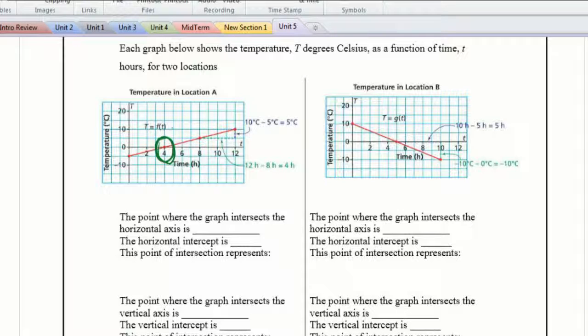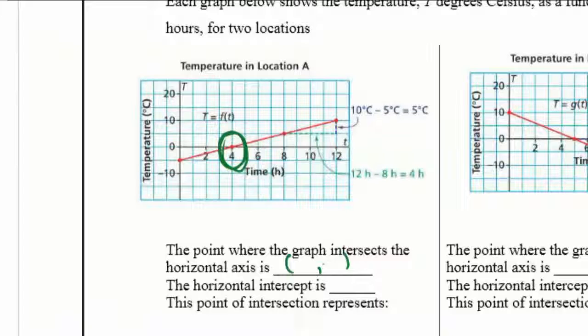And if we wrote that as an ordered pair, what would that be? An ordered pair is going to be our x term, and then our y term, and then we separate them with a comma. So if we're on the horizontal axis, our y value is going to be 0, because we haven't gone up or down. And our x value in this case is going to be 4.